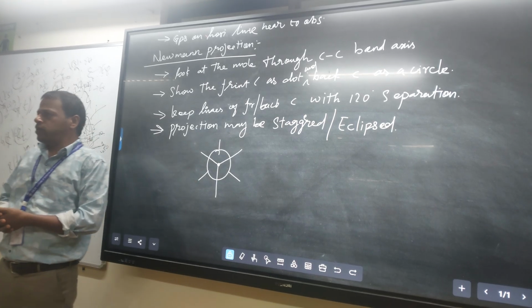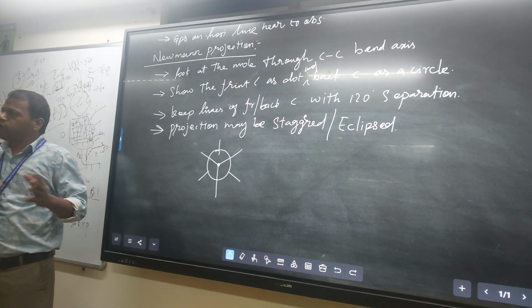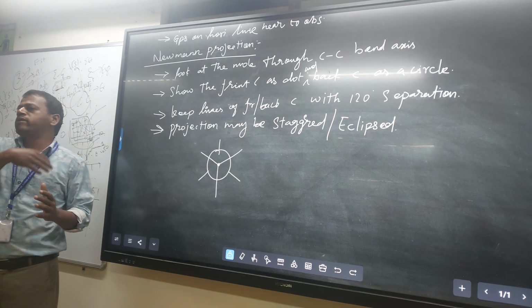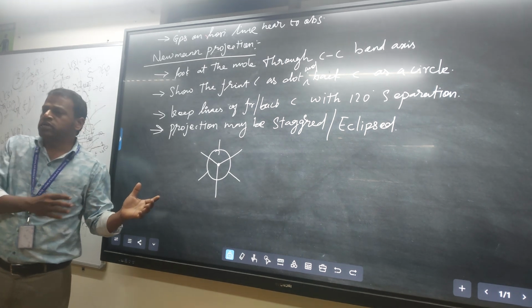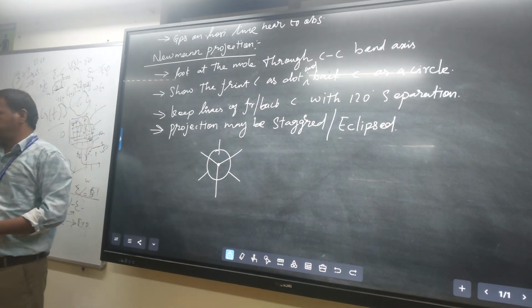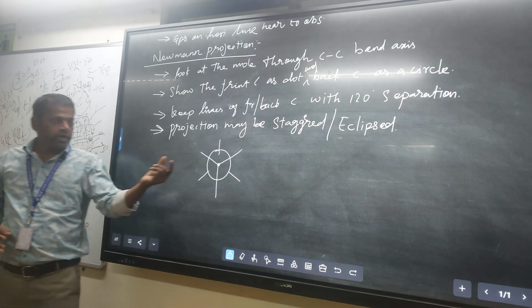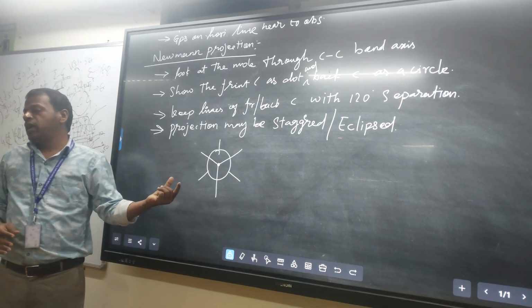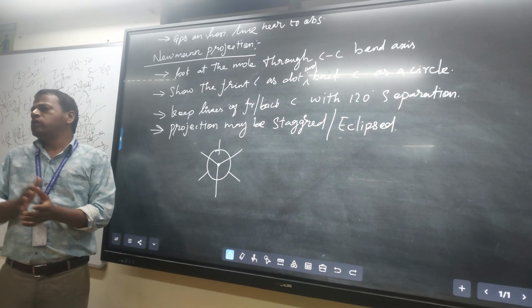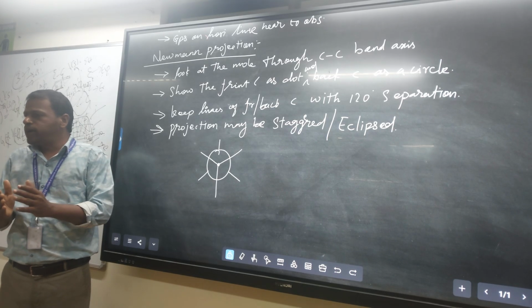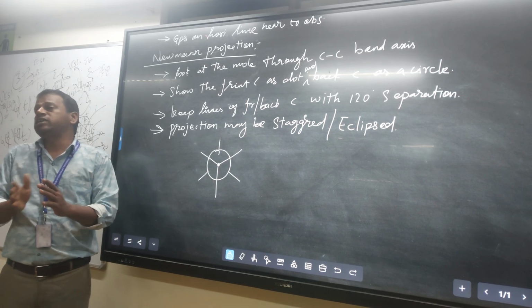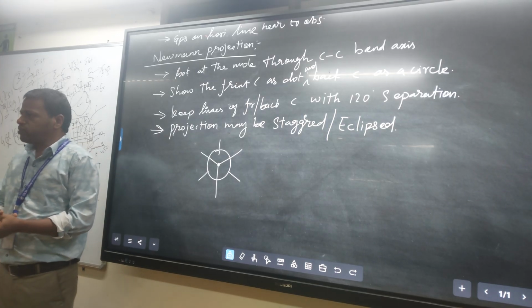If you are looking at all the bonds from the front and back carbon, that is a staggered conformation. So now you are looking at the staggered conformation only. The bond angle between the front and back carbon bonds is nearly 60 degrees, which means it is a staggered conformation.